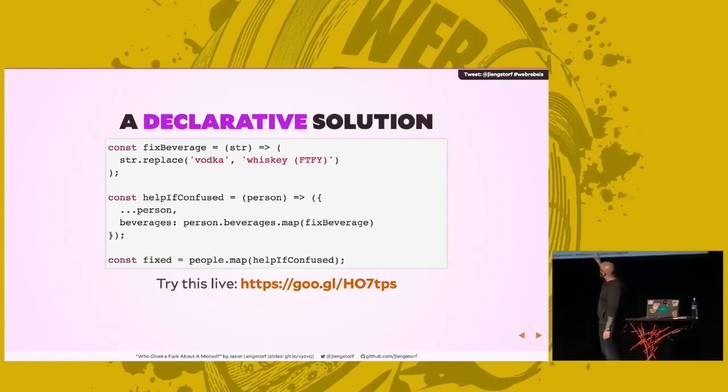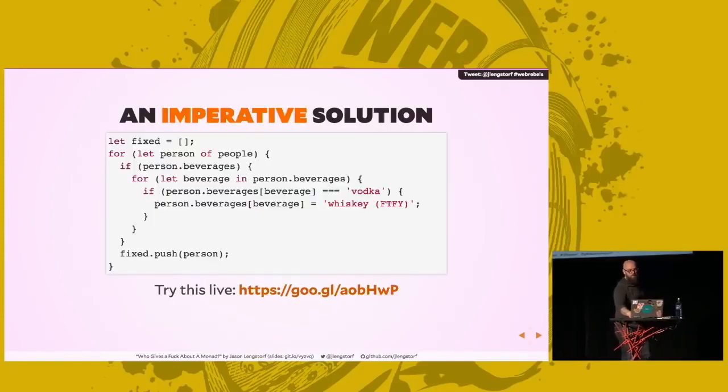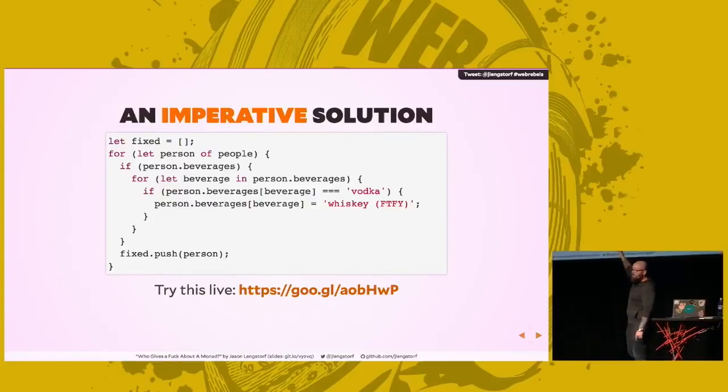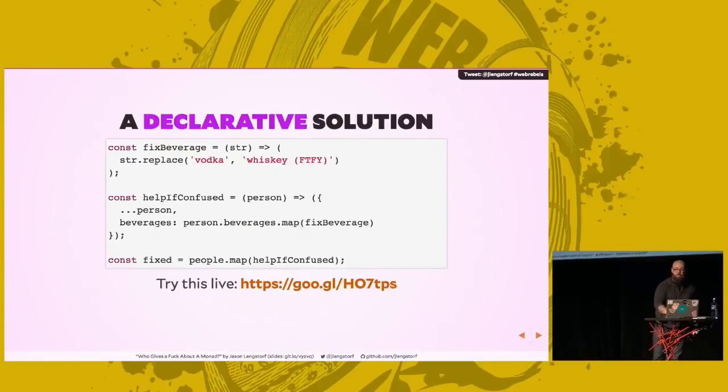And then finally, we map the helpIfConfused to all the people. So instead of setting up multiple loops, we set up two steps, same as the imperative solution. It's 2 steps. Get all of our people, check for beverages, get all the beverages, and fix it, right? We're doing the same thing.